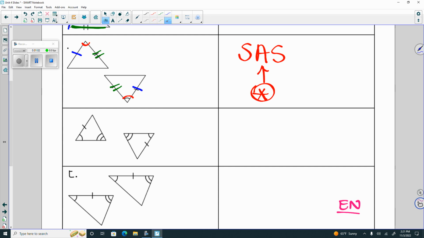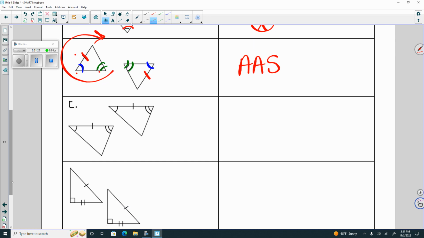On the next question, we have a pair of angles, we have another pair of angles, and then we have a pair of sides that are congruent. And if you go around counterclockwise, this is angle, angle, side is our answer here. Angle, angle, side.